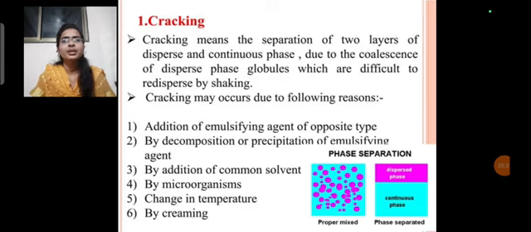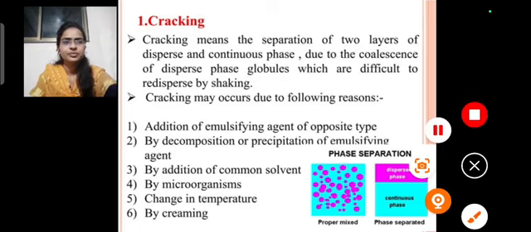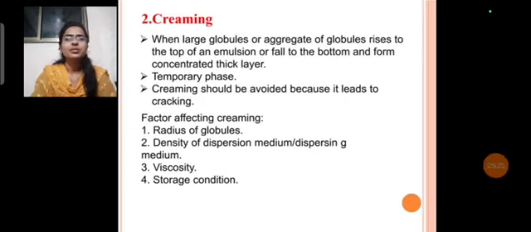Next is creaming. In creaming, there is an aggregation of globules formed at the top of the emulsion or far down at the bottom of the container, forming a thick layer, but it is reversible.